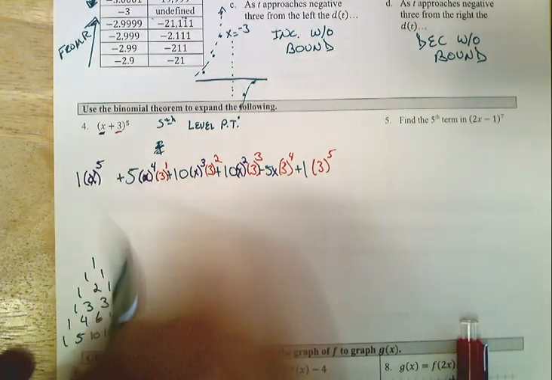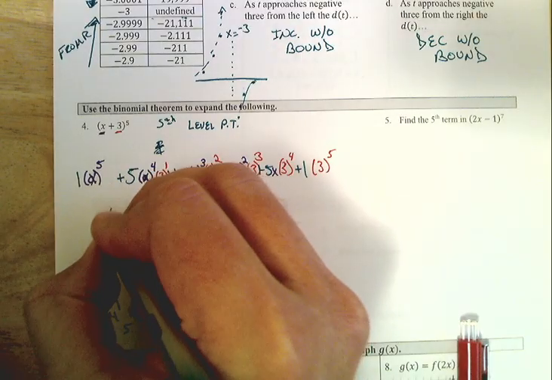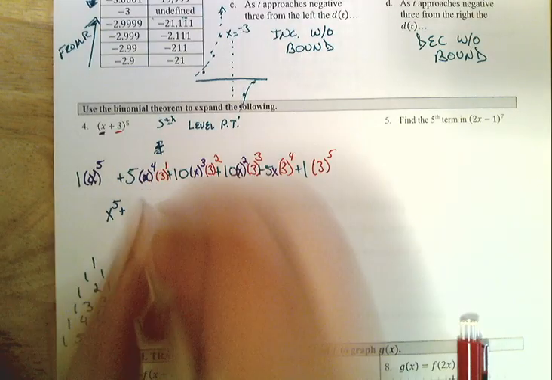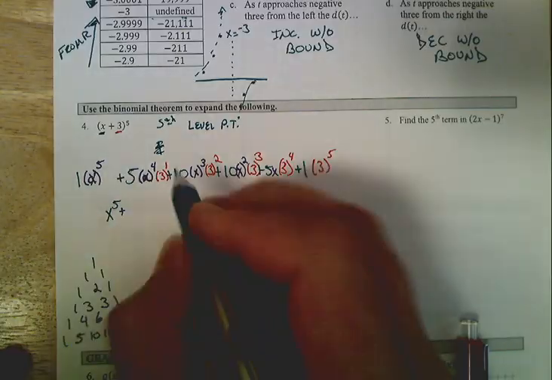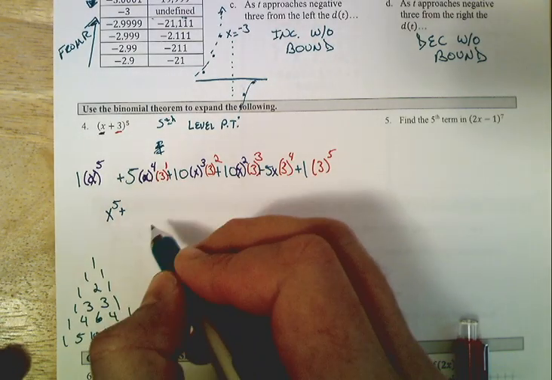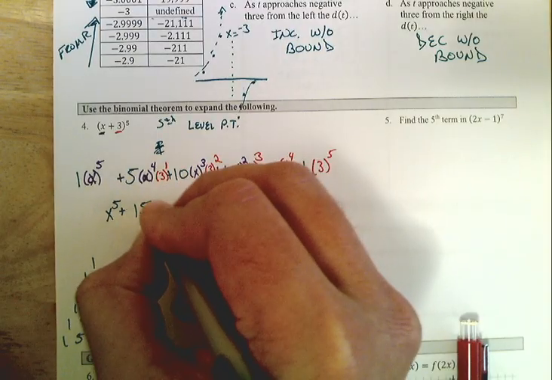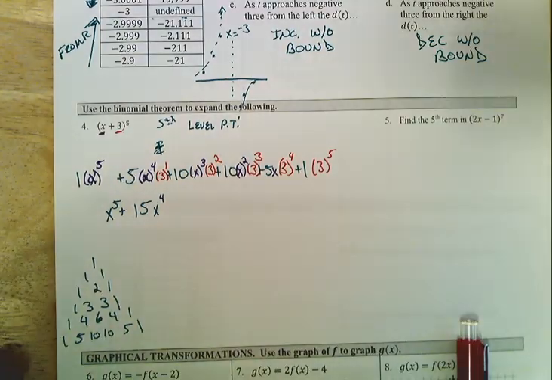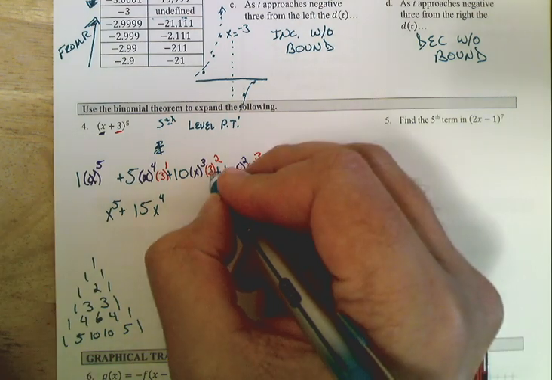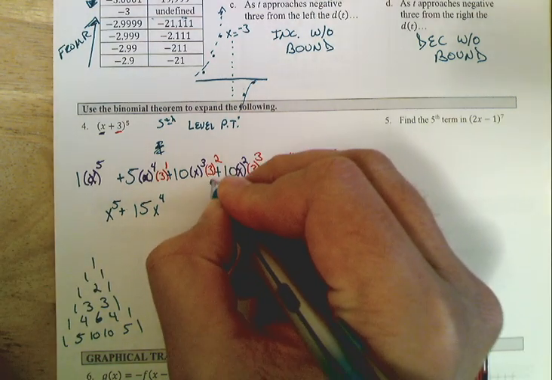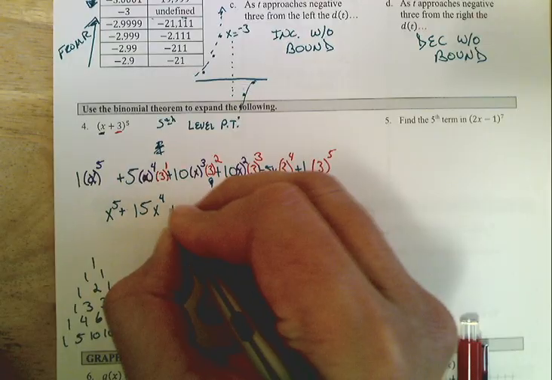So here, x to the 5th, there is nothing really to simplify there, so that is just x to the 5th. Here I have a 3 to the first power is 3. 3 times 5 is 15. x to the 4th. Bring that guy down. 3 squared is 9. 9 times 10 is 90.